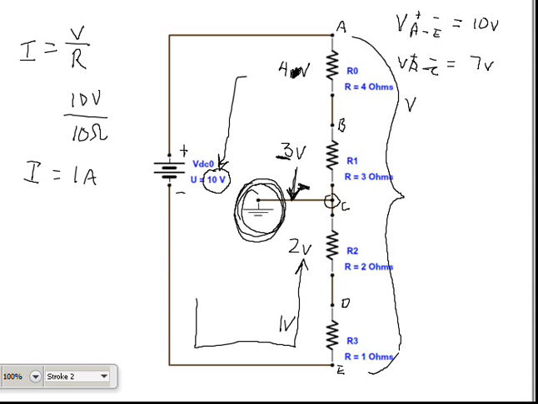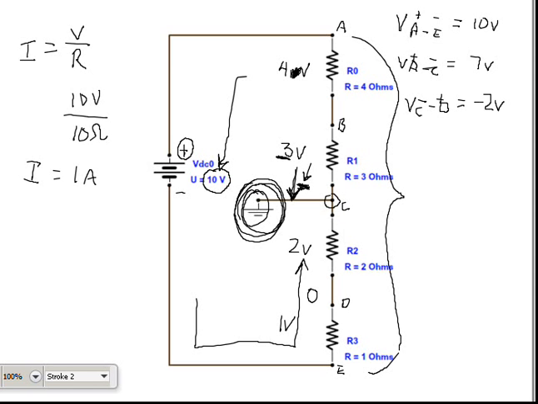If I'm checking points C to D, well, that symbol there is telling me my negative probe has to be there, which means my positive probe has to be on point D, which means my meter, because all of a sudden my negative reference point is actually more positive than my positive probe, I'm going to read minus 2 volts.